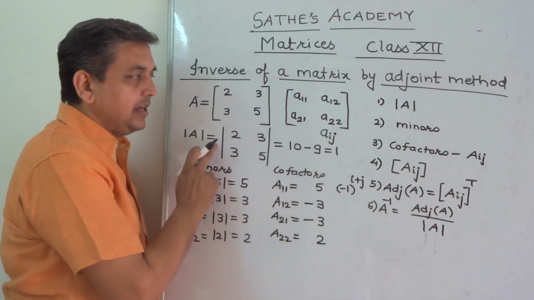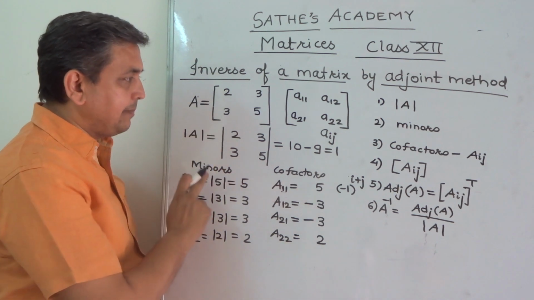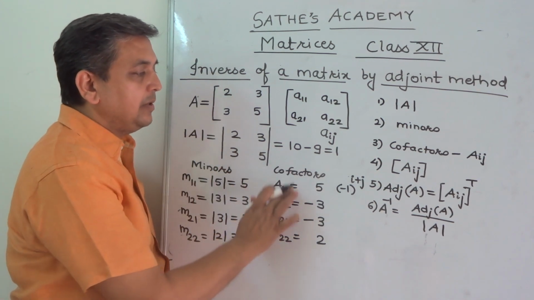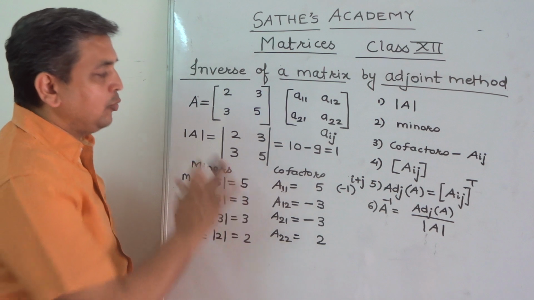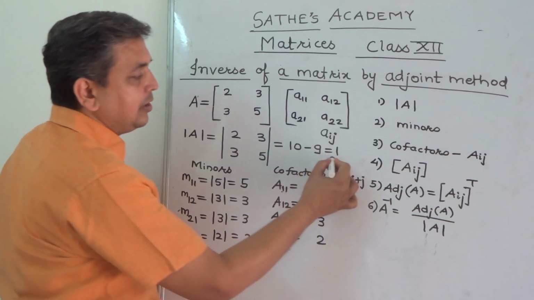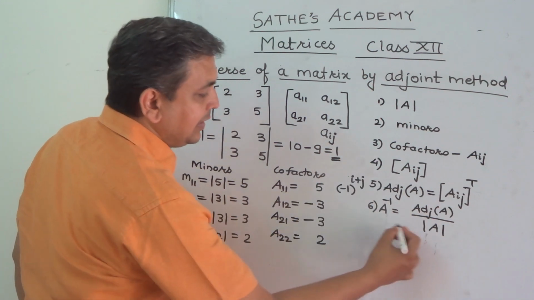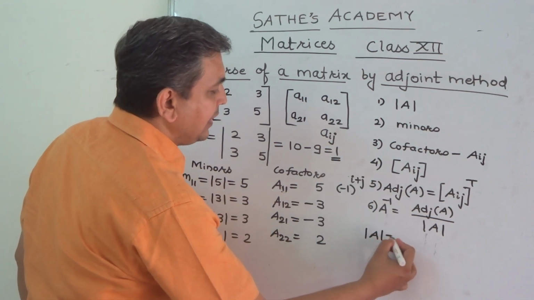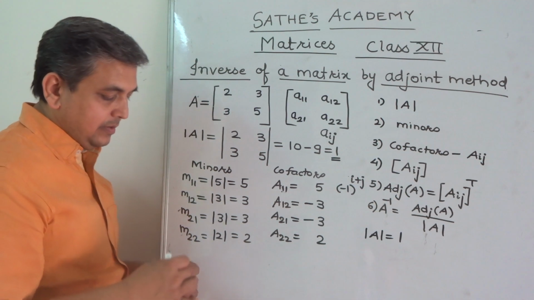We have seen the first step, determinant, the second step, minors, and the third step, cofactors. Now I am going to rub it down. We need this value, determinant of A, so I am writing over here, determinant of A was equal to 1.